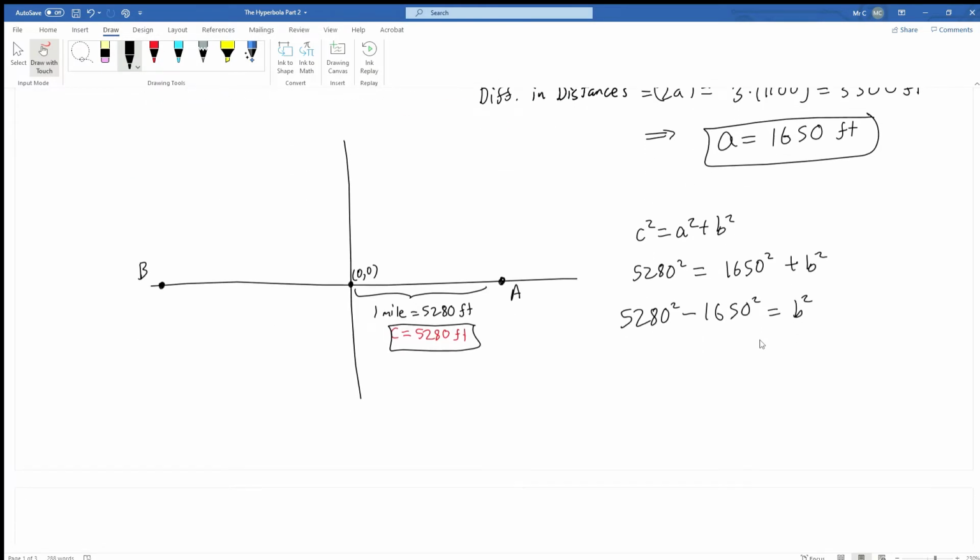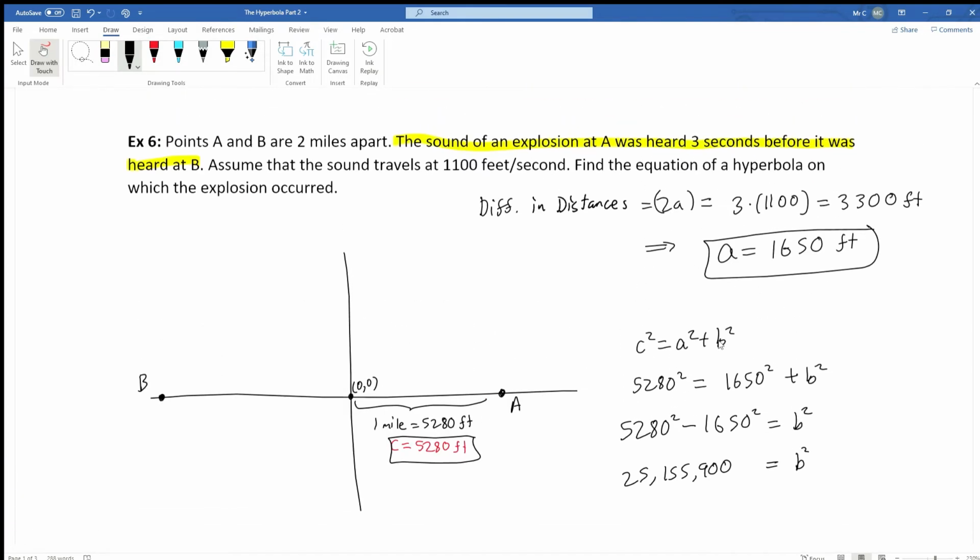So let's go ahead and tackle this with a calculator. And the result I get for B squared is 25,155,900. And I only need B squared, right? I don't actually need B because I'm writing the equation.